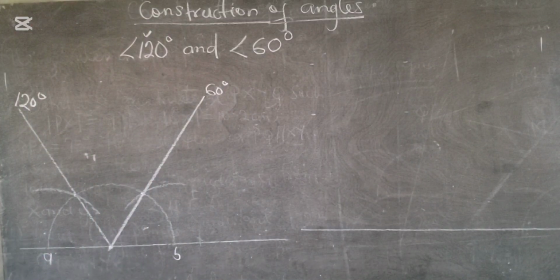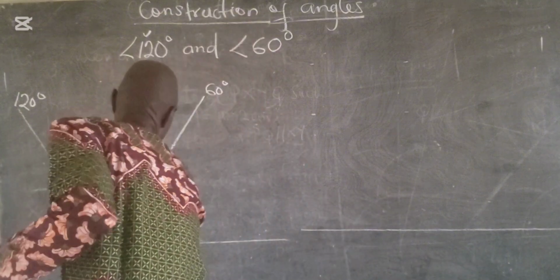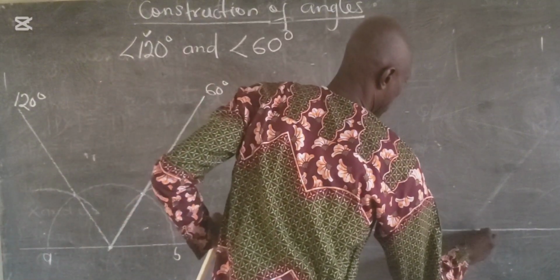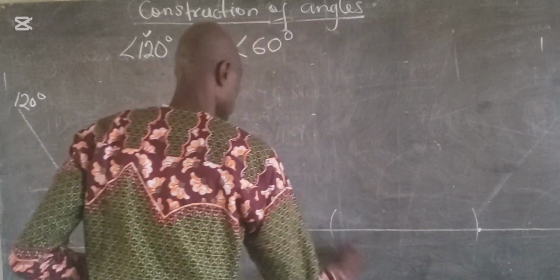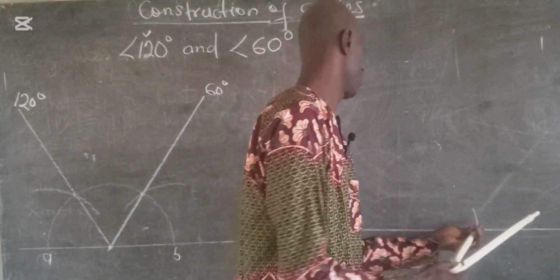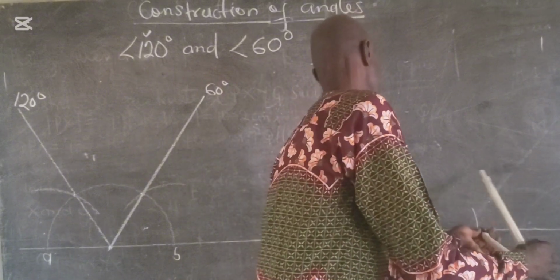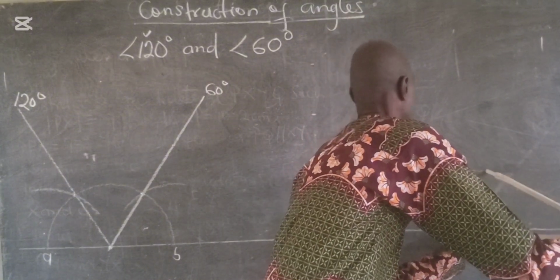Now, with the same 2 centimeters radius, let me take here as my point. I cut the arc like something of this nature. So now, when you put it here, with the same 2 centimeters, you draw a semicircle here.